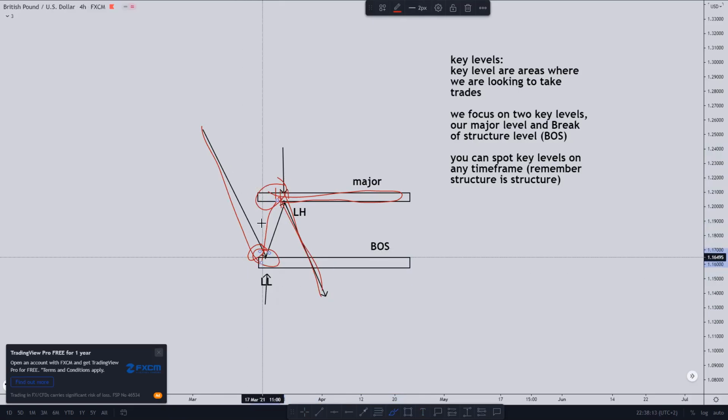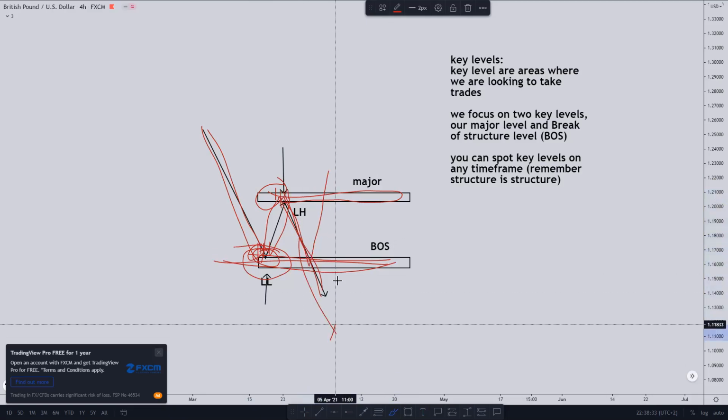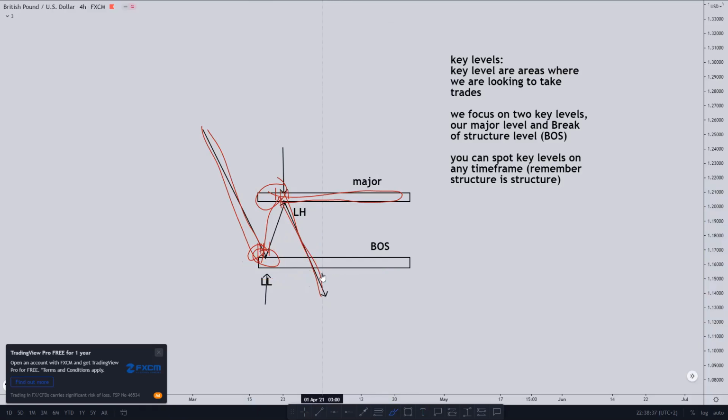When price came down, gave us this lower low, and then pushed up, this became a level where we expect price to come back and either respect it and push up, or break it and give us a lower high. That's why it becomes a level.